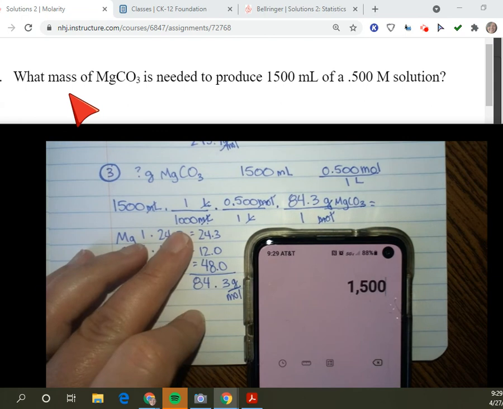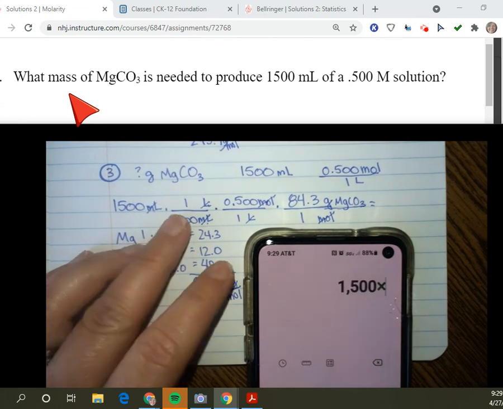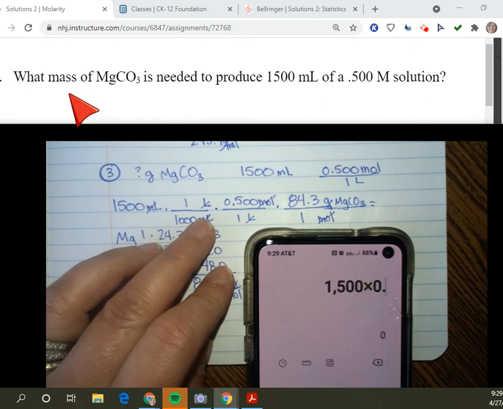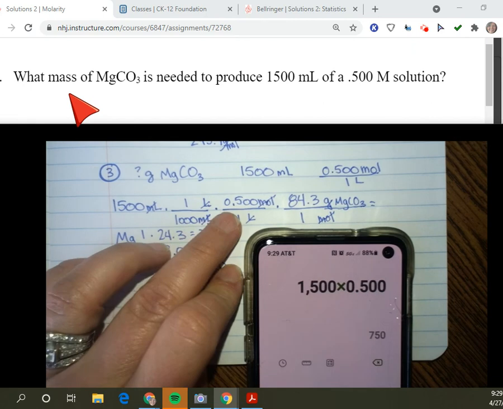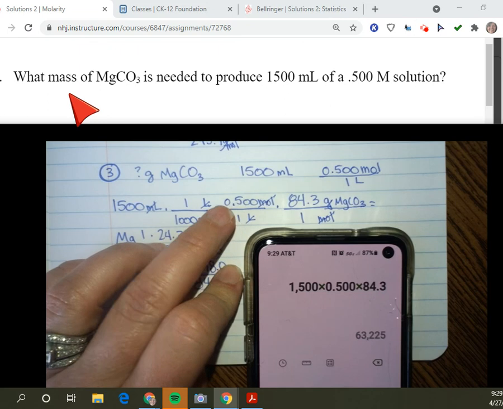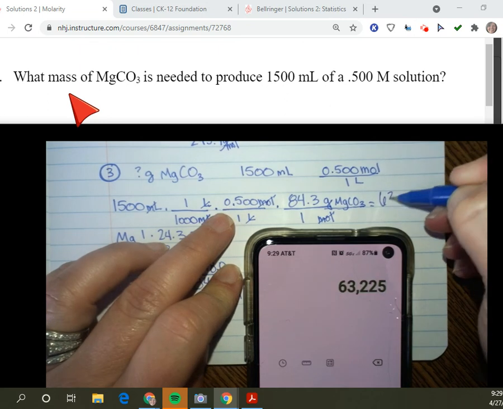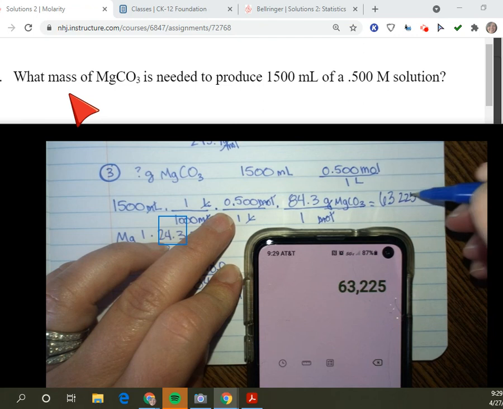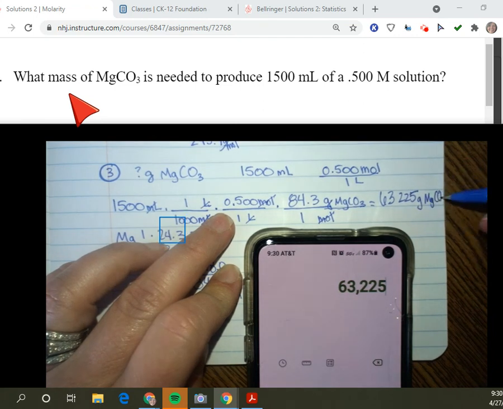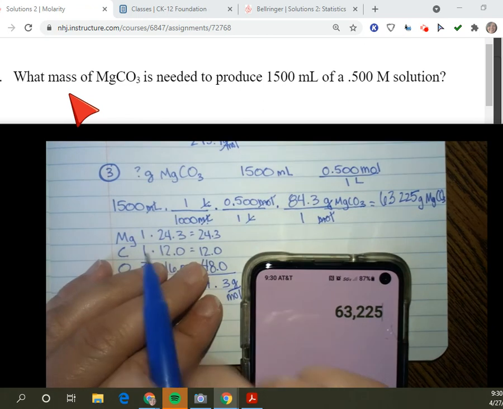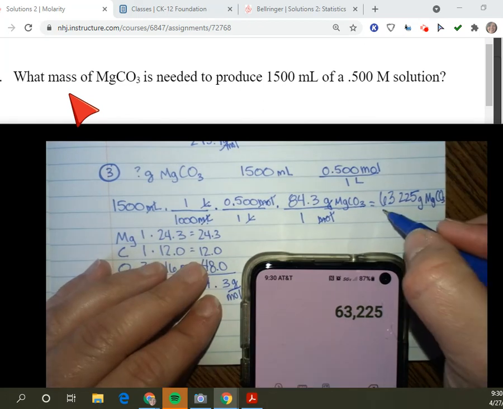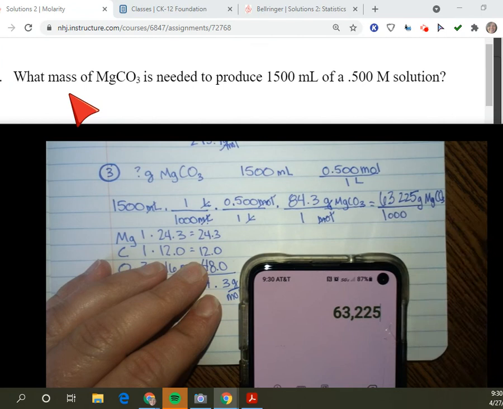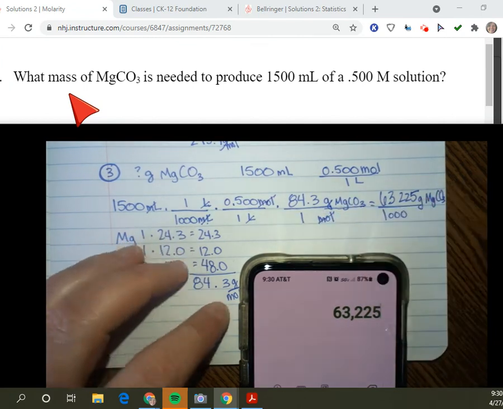1,500 times, we don't need to do times 1, but times 1 times 0.500 times 84.3 equals, okay, this is our number on the top. And we look at our units as grams. Okay. Then we go across the bottom, and the only thing we have is 1,000. So 1,000 times 1 times 1.